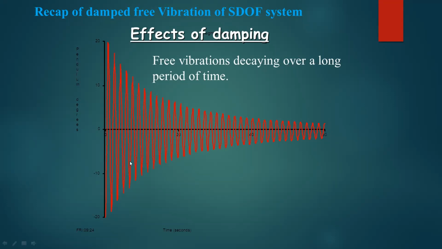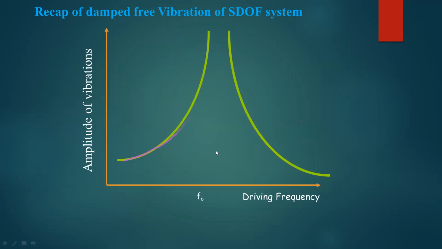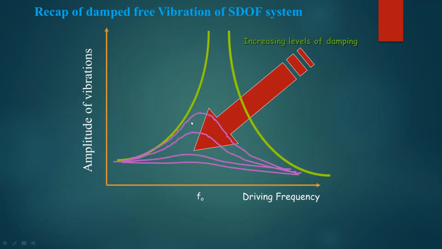And it is gradually decaying. This line indicates how it is decaying. These are some of the graphs that we can obtain because of damping. As we increase the level of damping, we can reduce the higher amplitude.